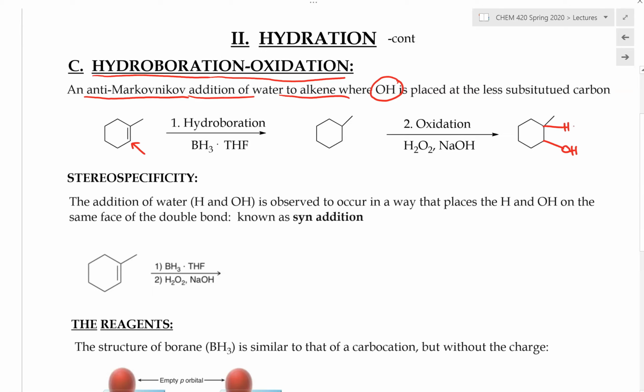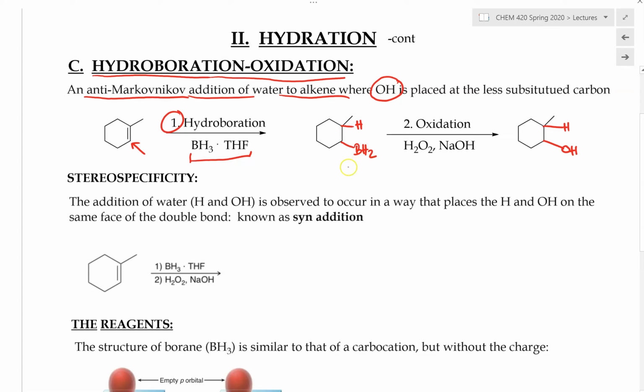But this method is a two-step method, where first we do a hydroboration using BH3 and THF, so that is the chemical reagent for it. Initially, when we just do the hydroboration step, the product that we will be making will be as follows. We'll be putting the BH2 group in here and a hydrogen in here.